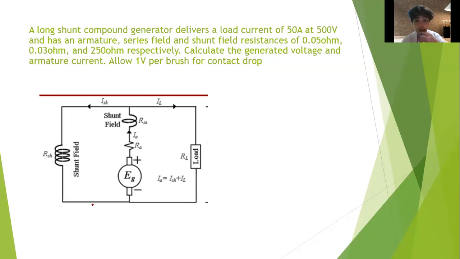RA is 0.05 ohm, which is the armature resistance. Next is RSE, the series field resistance, which is 0.03 ohm, and 250 ohm for the shunt field resistance. And lastly, we have 1 volt per brush for contact drop.